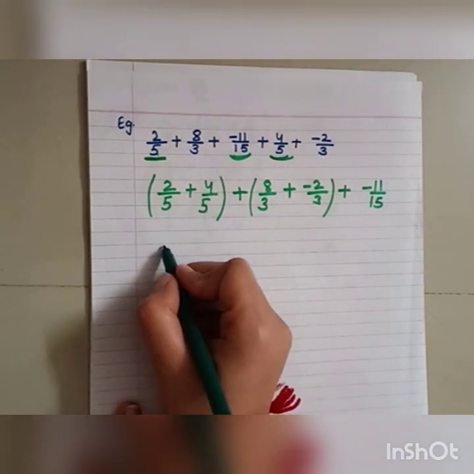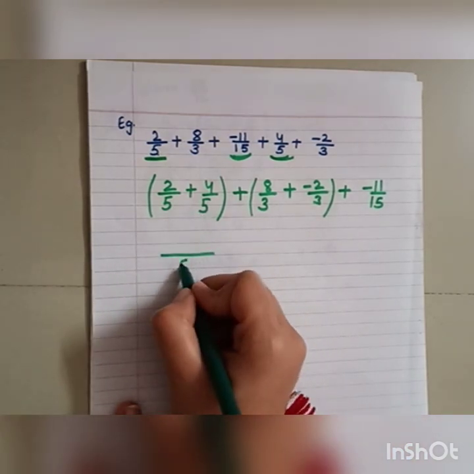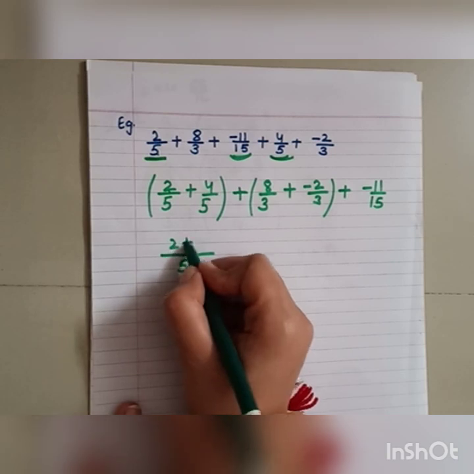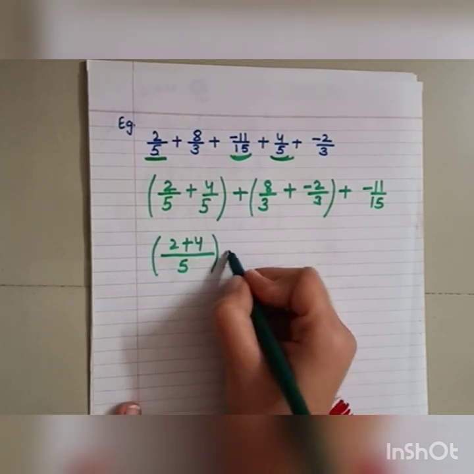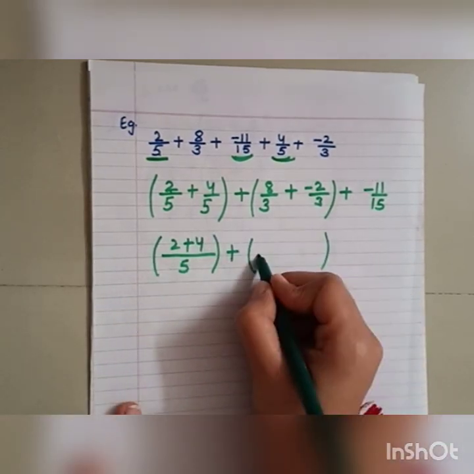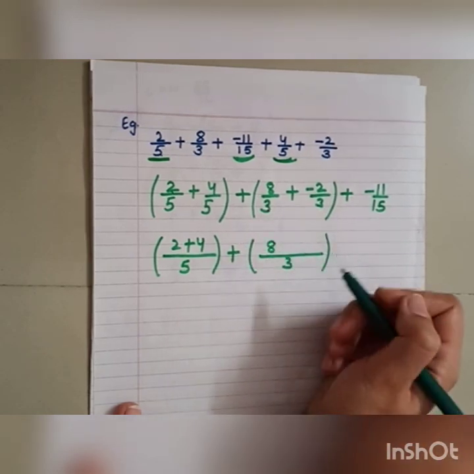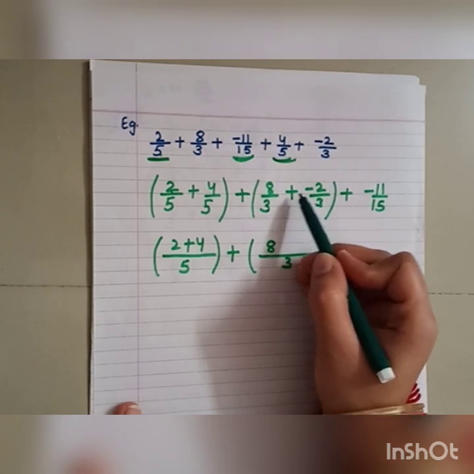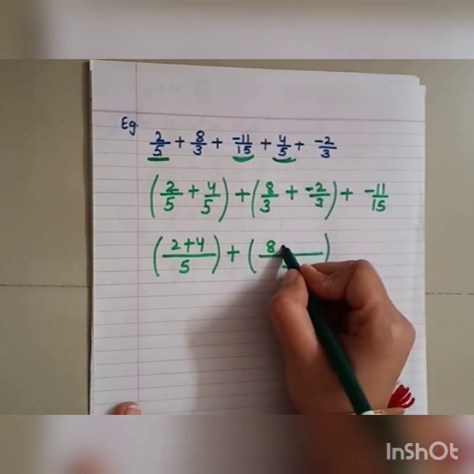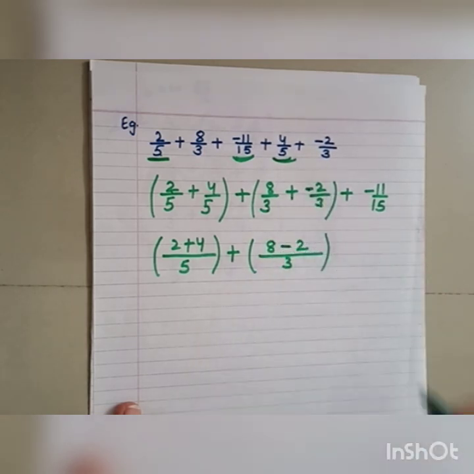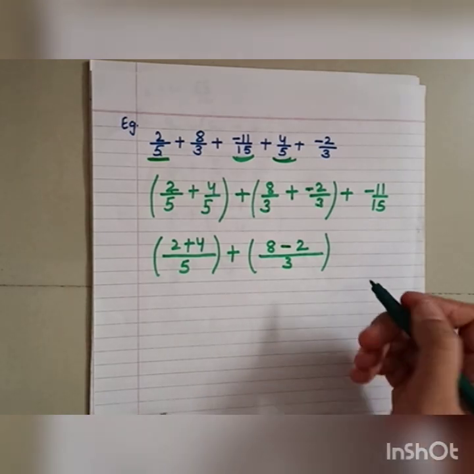Now solve these. LCM is 5, 2 as it is, 4 as it is, in brackets. Also the LCM of these two is 3, numerator as it is, but plus minus becomes minus sign. Right, you can write a single sign for a single operation.